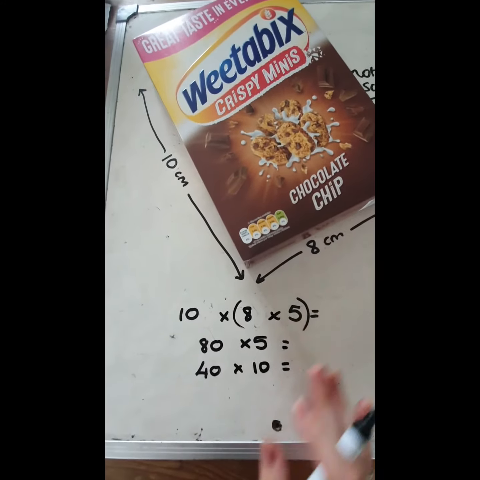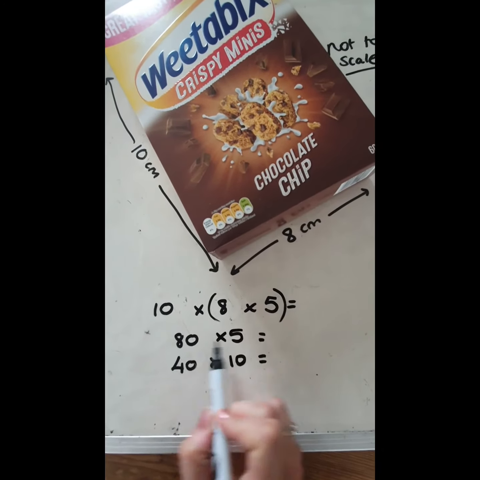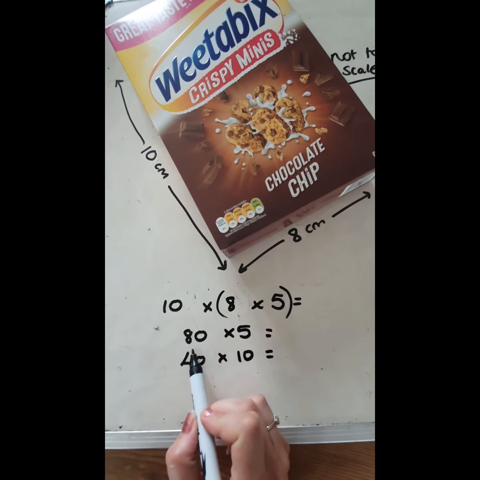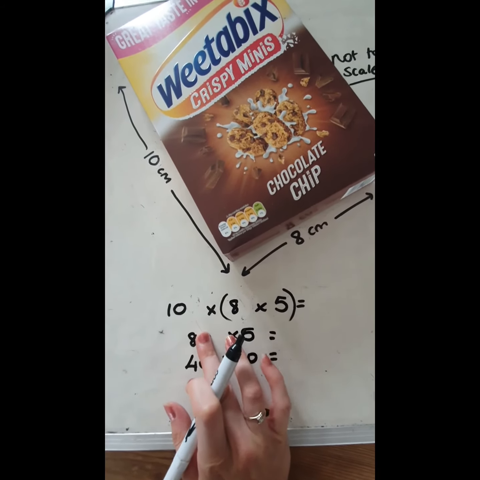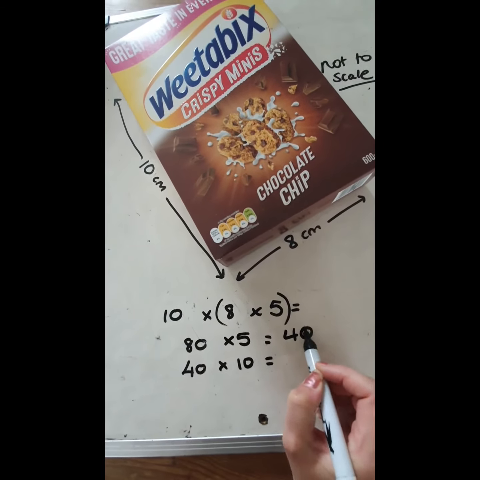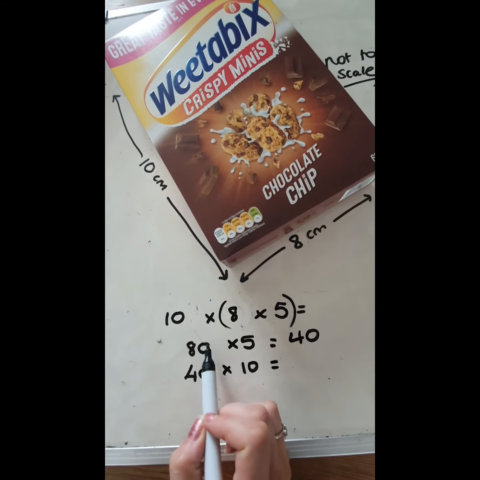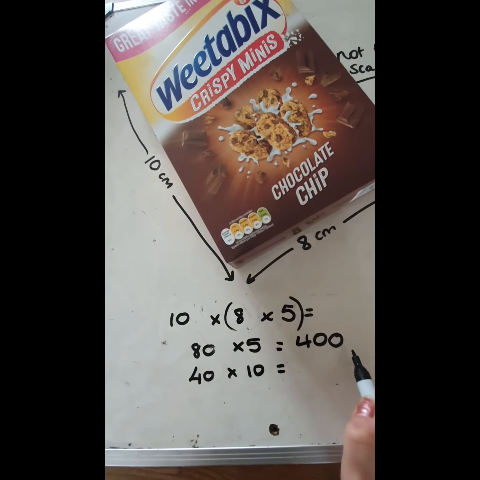So you can choose which order you multiply them in. Okay, so let's start with this one and let's just test to see if we will get the same answer. 80 times 5. Well, I know that 8 times 5 is 40. And 80 is 10 times bigger than 8. So I need to add my 0. So my answer needs to be 10 times bigger, which is 400.